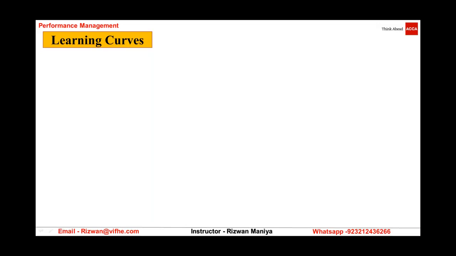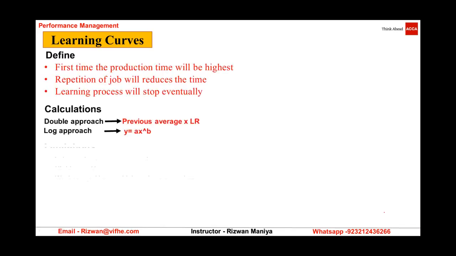Then you see whether the question is application based or knowledge based. Knowledge based means you just have to tell the basic definition of the things, and application based means yes, you have to apply the knowledge to the scenario. Now I'm moving towards the very important calculation of learning curve.